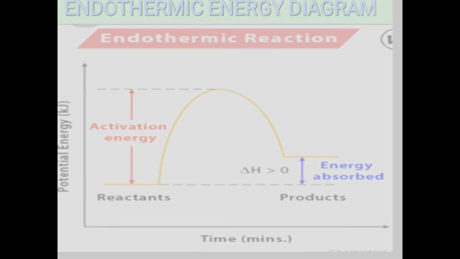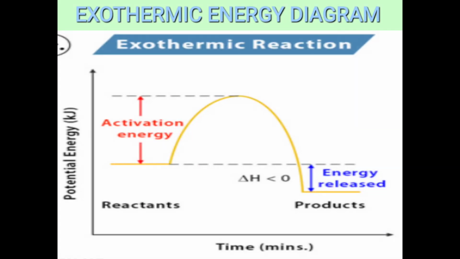Let's continue. Now let us look at another application where we have an energy diagram for an exothermic reaction. Still here we shall supply activation energy, which is going to break the reacting particles apart. When they are broken, a reaction takes place. Particles take in energy up to a maximum, and after that, products are going to form, but the products are going to have less energy than the reactants.